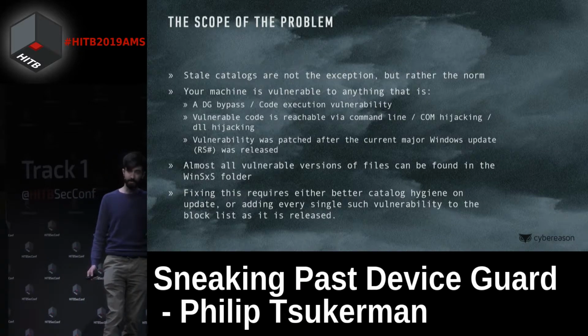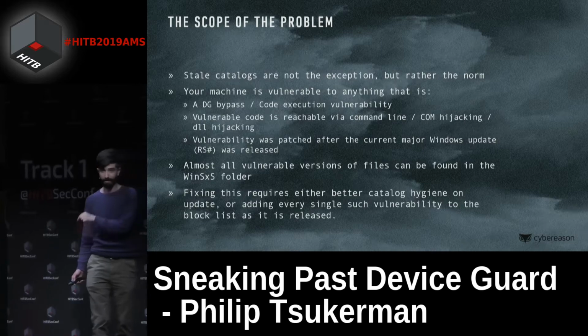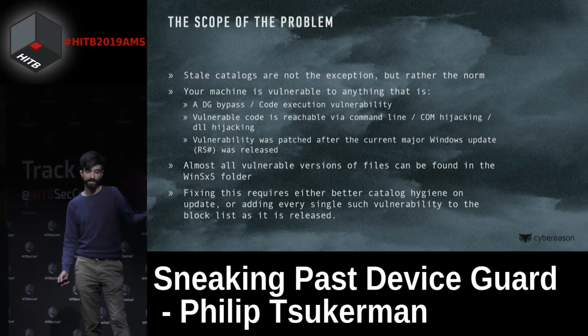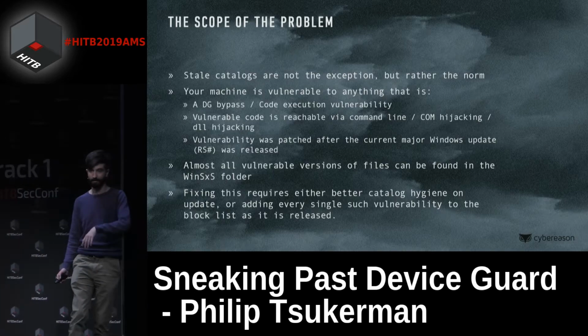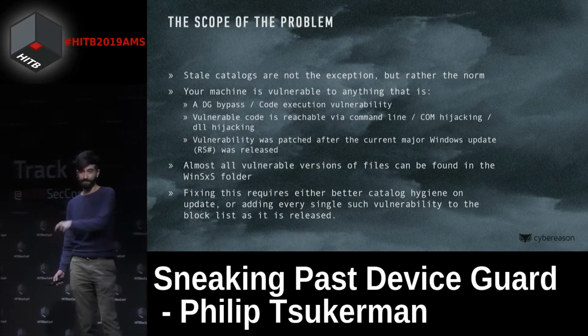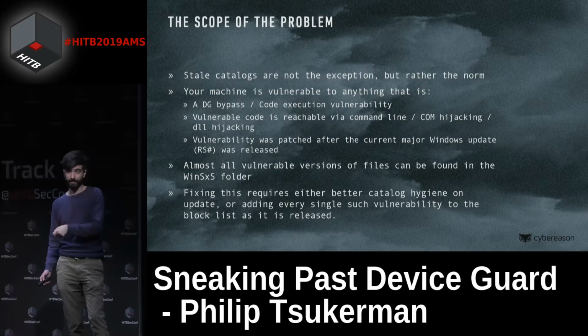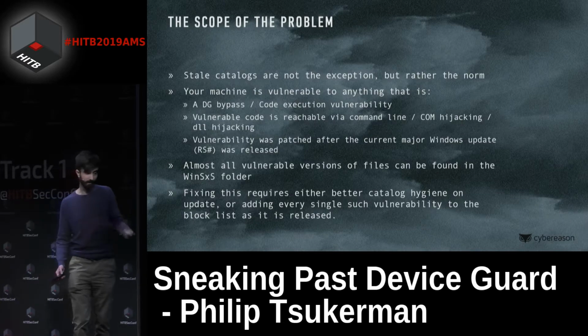This means that every single code execution vulnerability that's somehow reachable by command line, DLL hijacking, COM hijacking, or whatever from a post-exploitation scenario is actually still a vulnerability in terms of device guard in this machine.